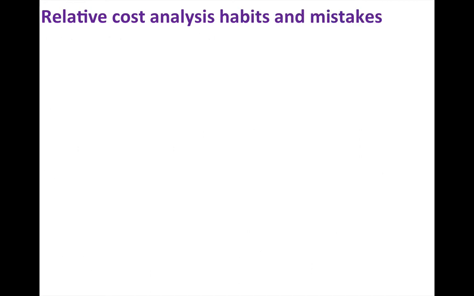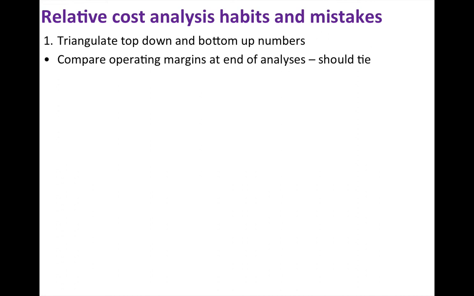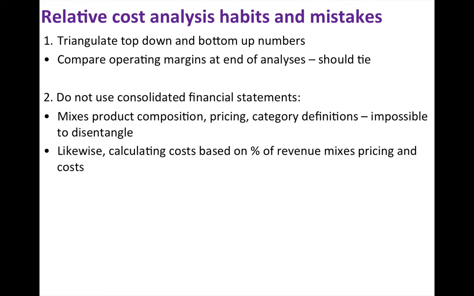Okay, some habits and mistakes of relative cost analysis that people make. So often you want to be able to triangulate your aggregate numbers with your bottom-up numbers to make sure that you're calculating your margins properly. They should tie. But you don't want to use consolidated financial statements.